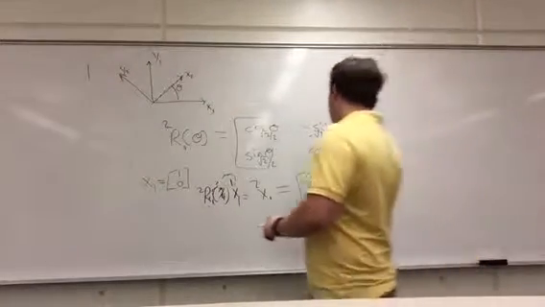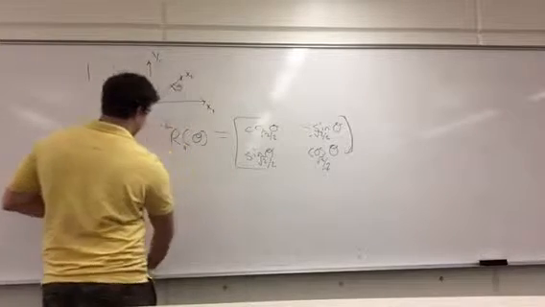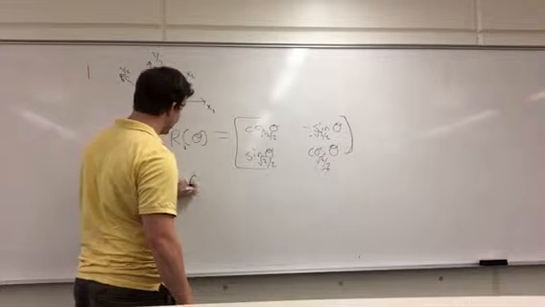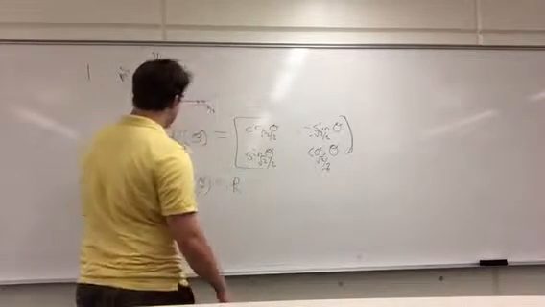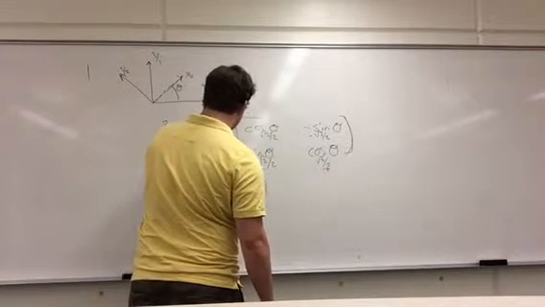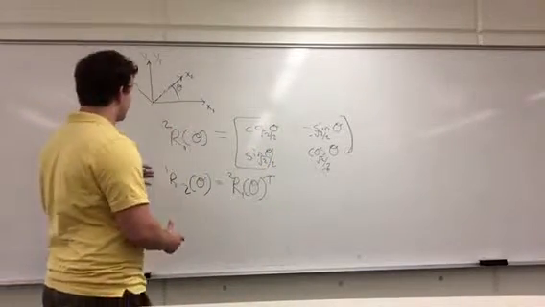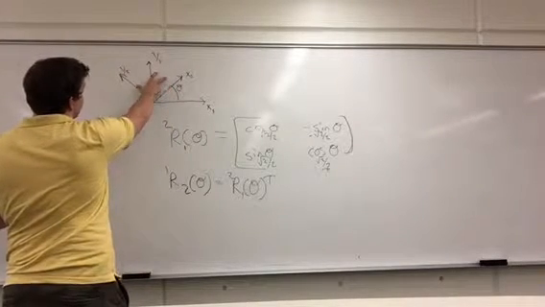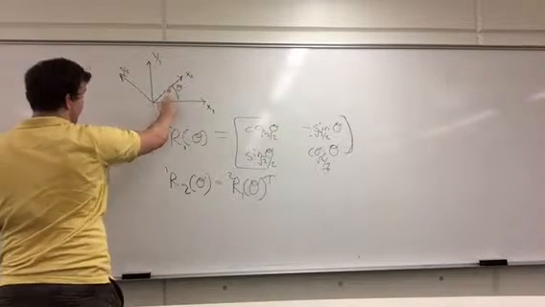The other unique thing about rotational matrices is if you want to do the inverse, so let's say R1 to 2 of theta, it actually equals R of theta 1, 2 transpose. And the reason why this works is because if I want to do the reverse, do x2 to x1, I'm moving by this negative theta.